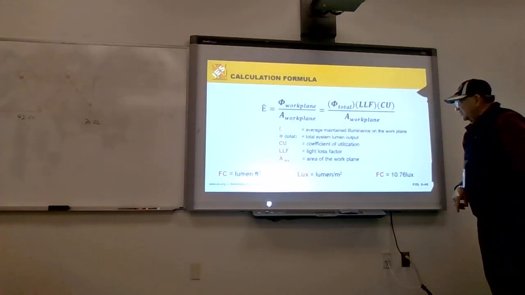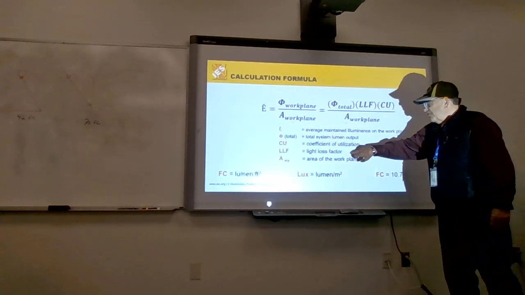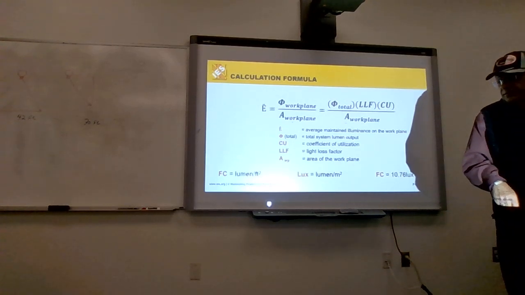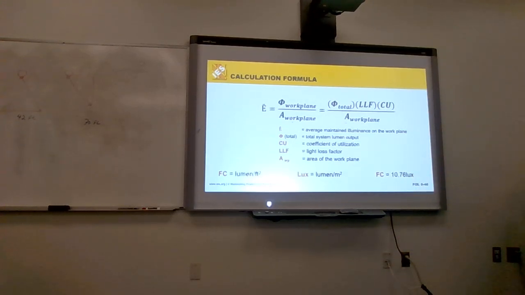We'll get into that. We need to know what the light loss factor might be, and we need to know the area of the work plane. That's our formula. We're going to figure that out. That is figured out here.